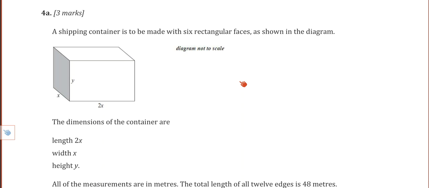When we find a certain dimension that will give us a maximum volume, what are we normally then asked to do? Find the max or the min value. So find that volume.